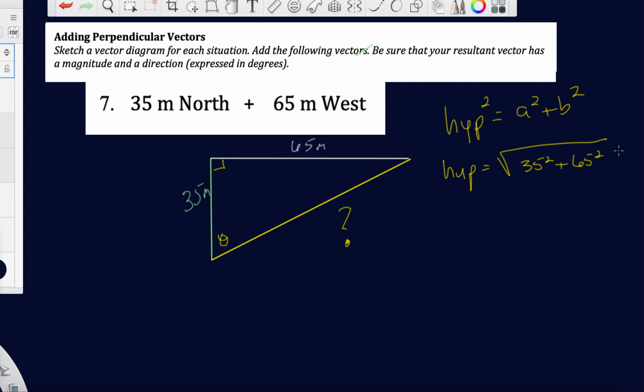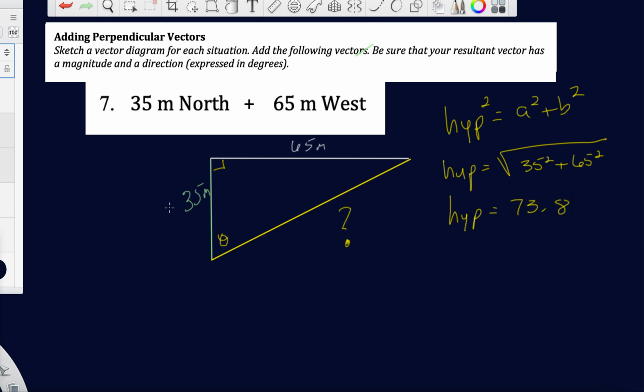So I hit the square root button, create some parentheses, 35 squared plus 65 squared, close the parentheses, and the square root of that is 73.82, or 73.8. Does that make sense? Sure, it's larger than 65. So the hypotenuse is 73.8.